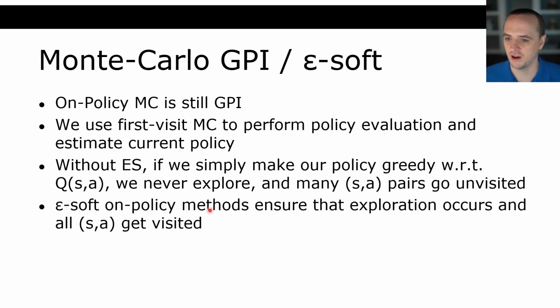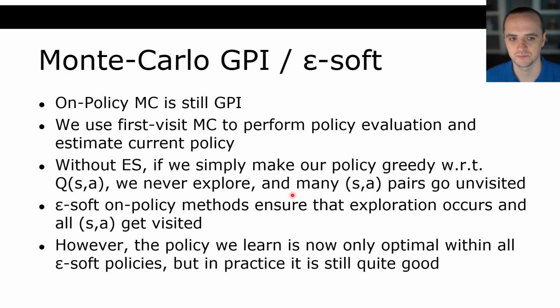Epsilon soft on-policy methods ensure that exploration occurs and all state action pairs eventually get visited. What that means is that because epsilon soft is randomly choosing some actions sometimes, if we are not always choosing the greedy action, and sometimes we're exploring randomly, then we have at least a chance to visit all state action pairs in our environment.